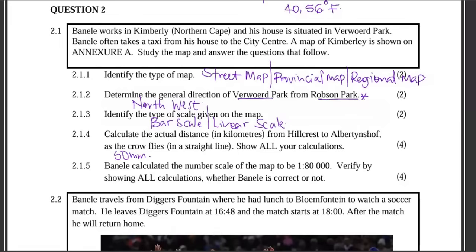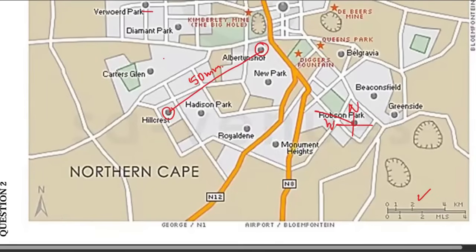This is what I've measured. They want it in actual distance. So I'm also going to measure the distance of the scale from here to this, because this is what I'm using, kilometers. When I measured here, I got 2.5 centimeters. I have to make them millimeters, becoming 25 millimeters. Meaning these 25 millimeters are equivalent to these 4 kilometers.